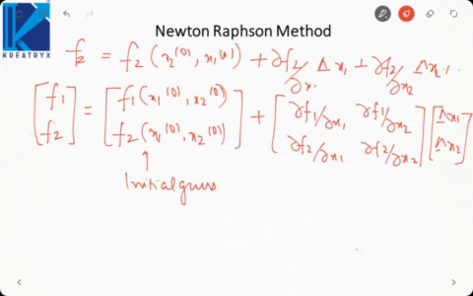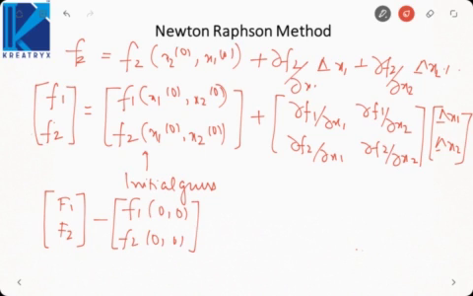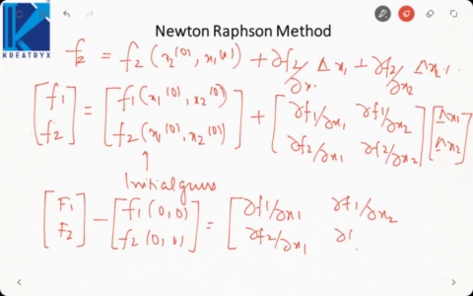Okay. Now this must be equal to f1 and f2 if x1 plus delta x1 is to be a solution. But I'll say this is at x10 x20. This will be, plus del f1, sorry, not plus, del f1 by del x2, del f2 by del x1, del f2 by del x2.